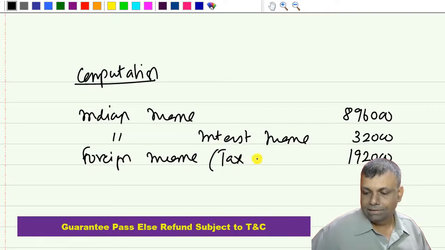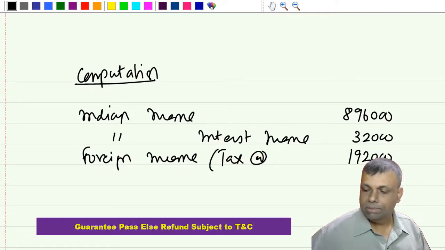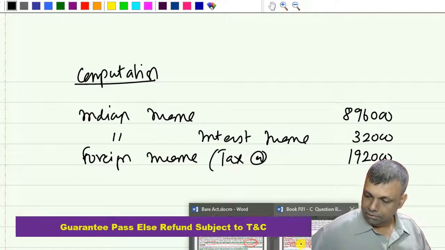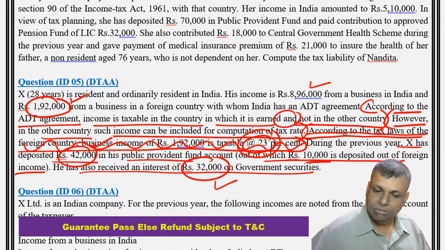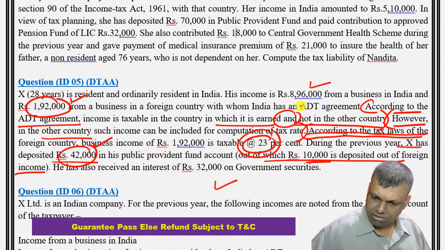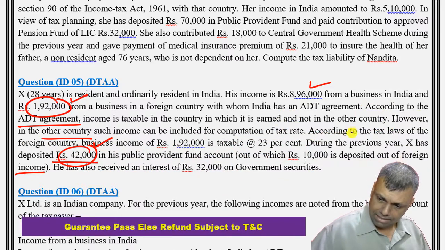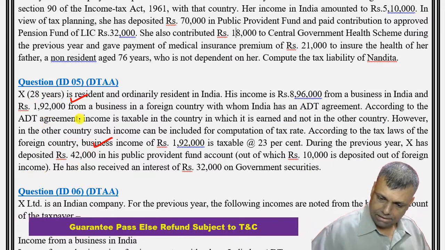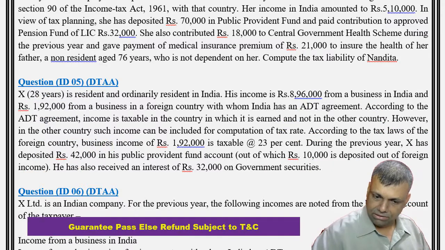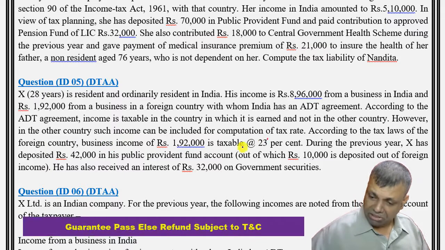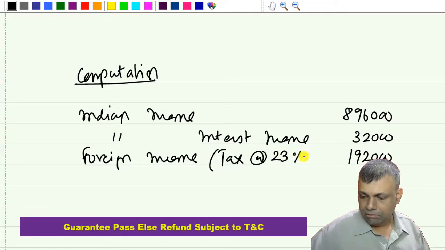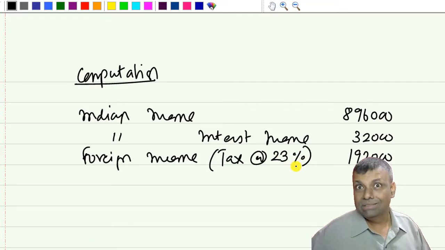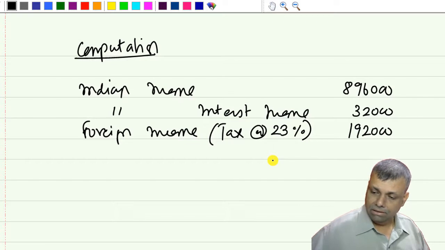On this, tax at the rate of some percentage is given, but that is not relevant data, though I will just note it as 23%. It is already given to us here. Let me erase this now. Everything is red, red, red. You know, my subject, taxation, is my darling. You can make a note here: tax at the rate of 23%. This is not very relevant, but I'm just making a note.